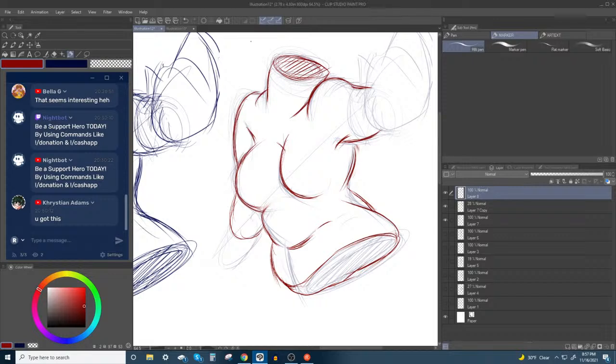Depending on how chubby they are, you can put shading to indicate that. That's one way of doing it. With good shading you can get away with it. You don't have to draw that line, because when you draw it, it looks kind of weird sometimes. But if you shade it, you can see the underlining of the stomach.